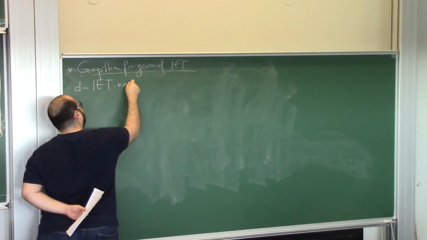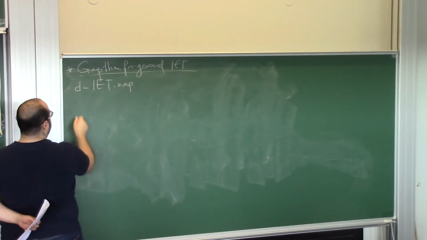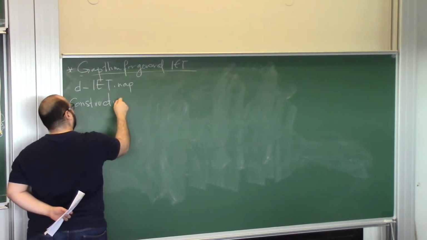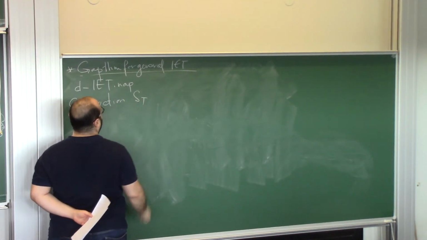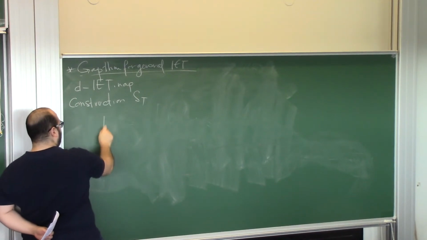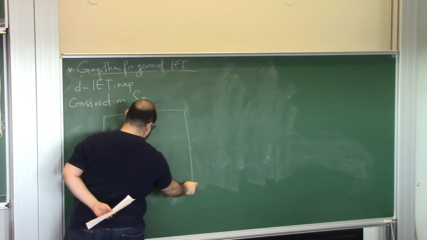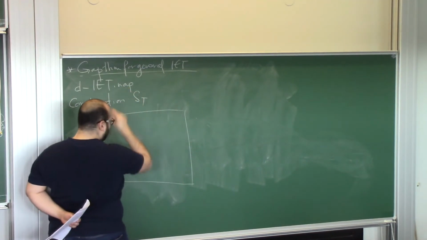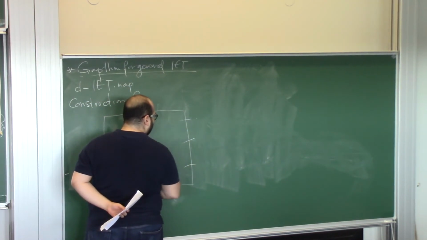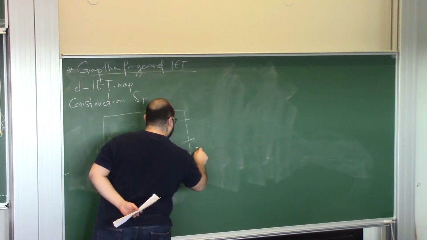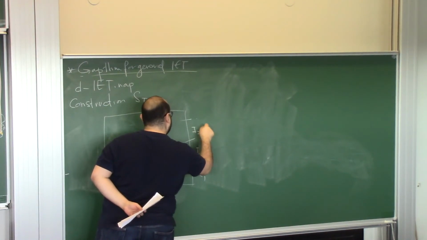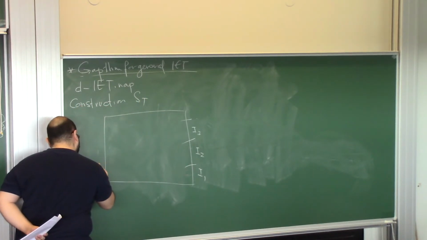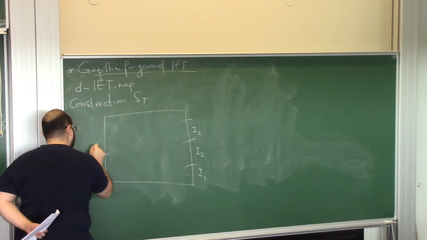IET map, we do the following construction. So those will be surfaces I call S or T. It's pretty much the same geometric ideas. You take a 1 by 1 square, you cut here and you get the intervals defining your IET, and then you go here, and you go back.